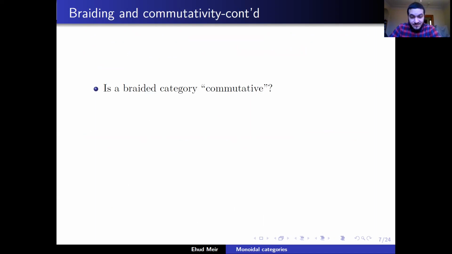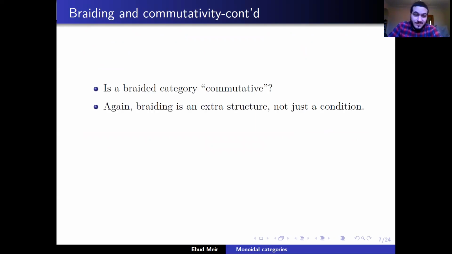Now, here's a question that arises here. Is a braided category commutative in any way? So, well, we have seen that in a braided category, we know at least that A tensor B is isomorphic to B tensor A. So it's important to say that braiding is an extra structure, not just a condition of saying that A tensor B and B tensor A are always isomorphic to one another.